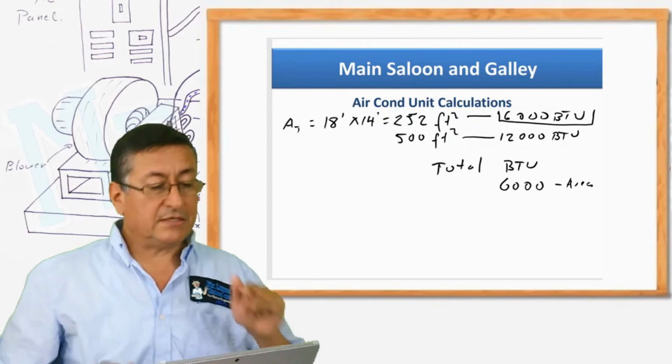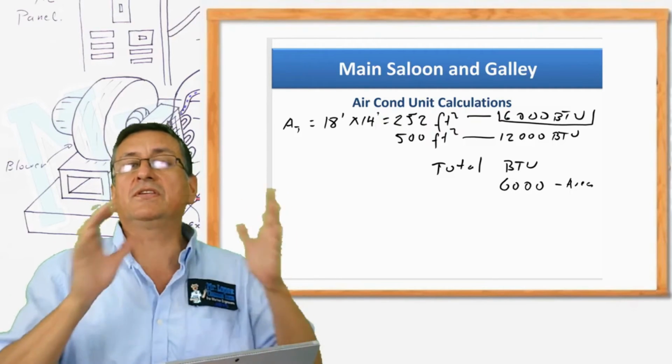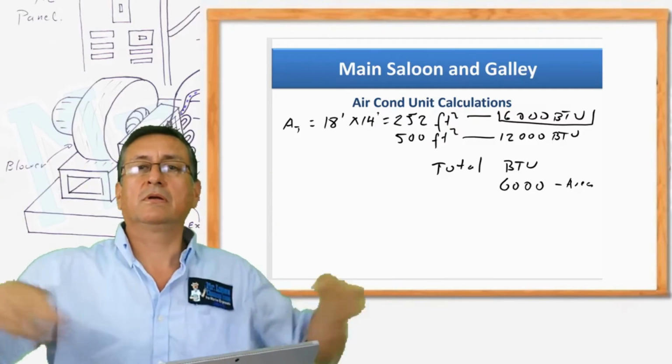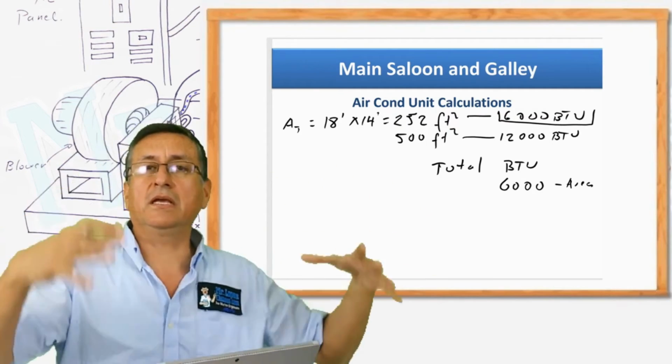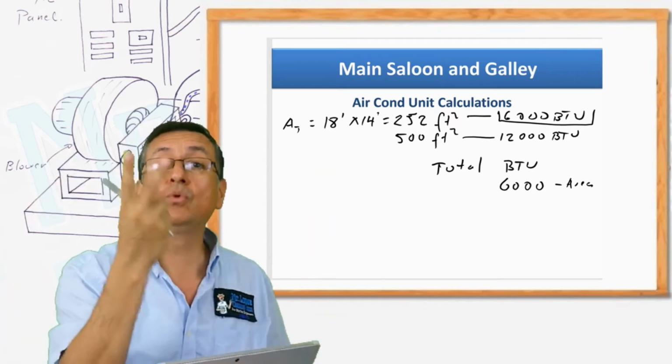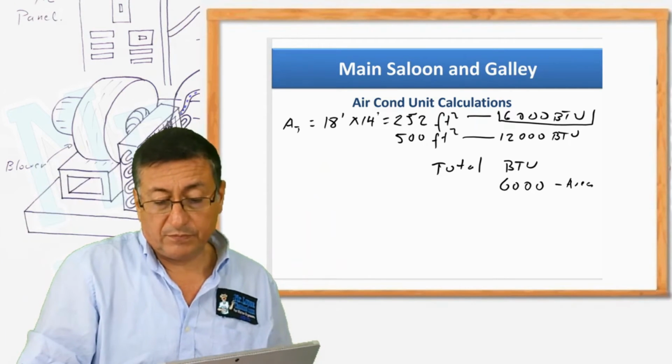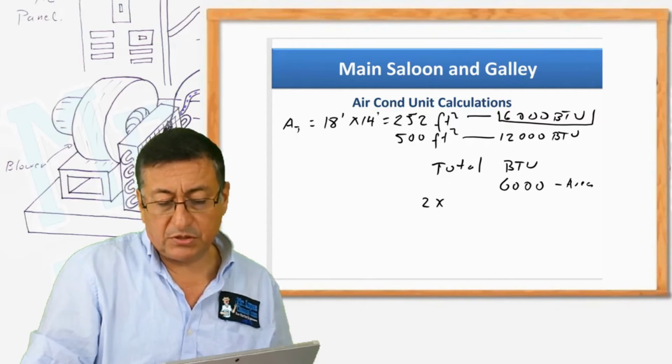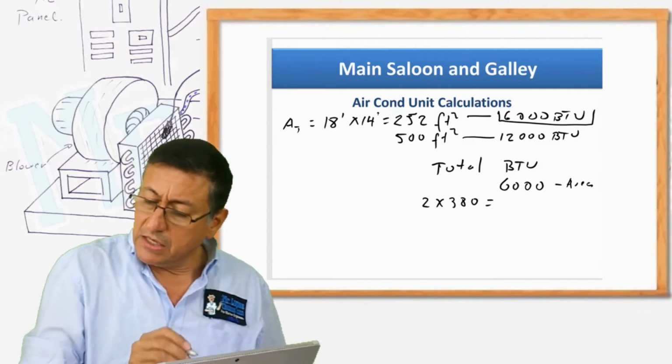And this saloon is supposed to be designed for 6 people constantly in the saloon. The first 2 people are 2 times 380, which is 760.